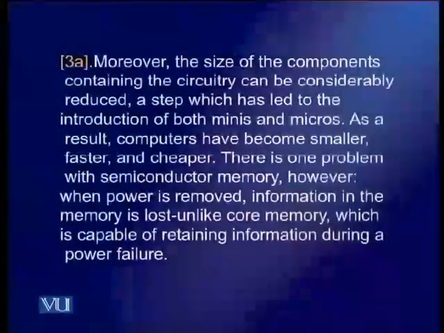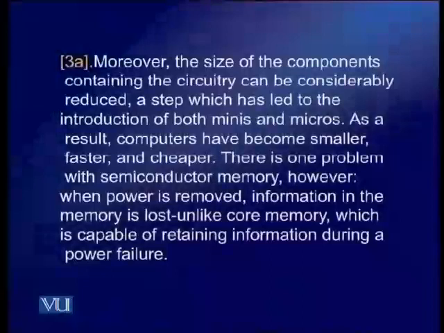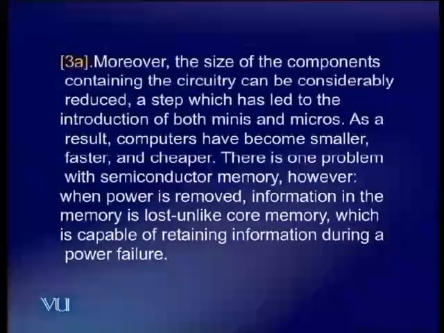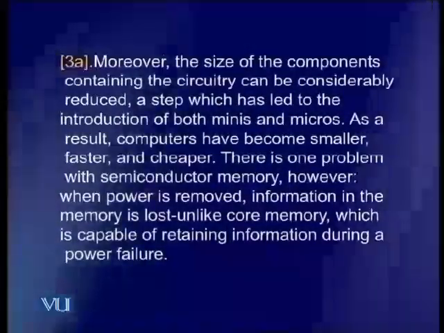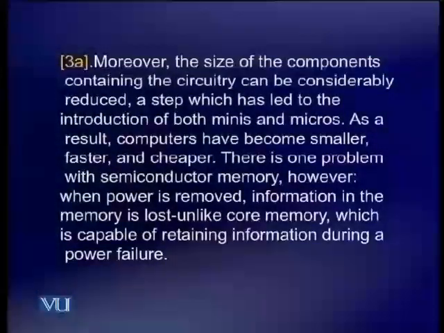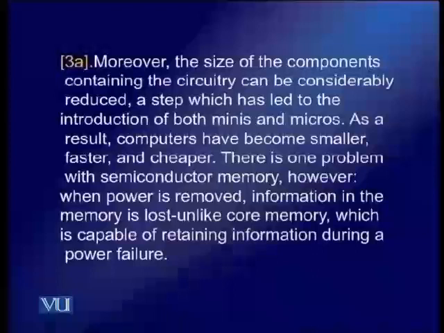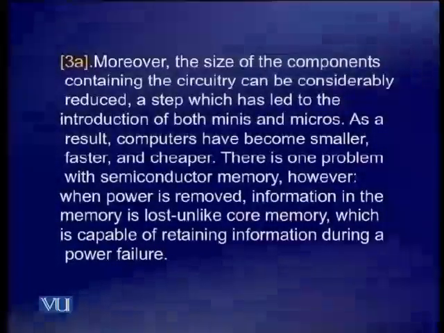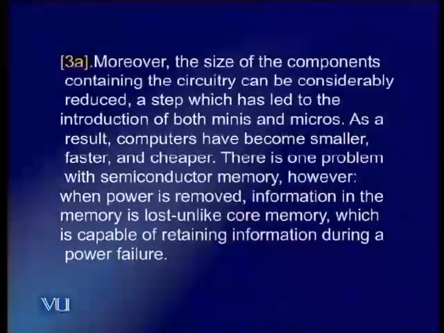Because of the very small size of the chip and consequently of the circuits etched on it, computers are faster. Moreover, the size of the components containing the circuitry can be considerably reduced, a step which has led to the introduction of both minis and micros. As a result, computers have become smaller, faster, and cheaper.